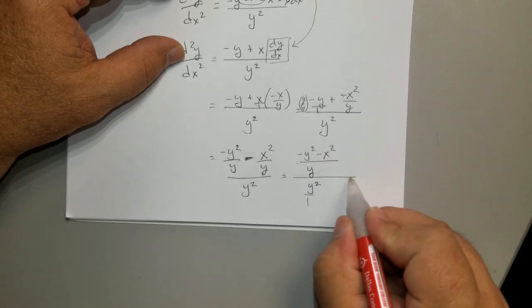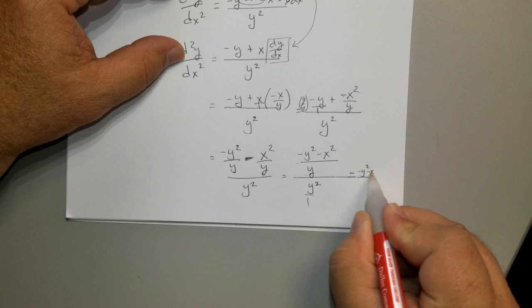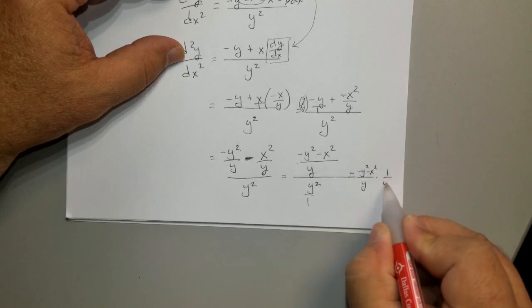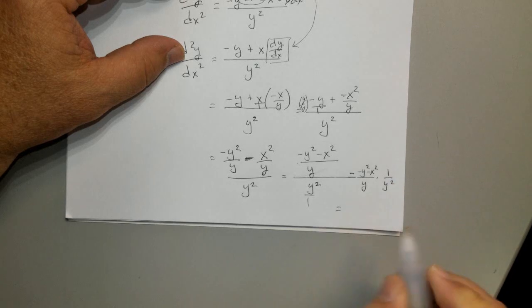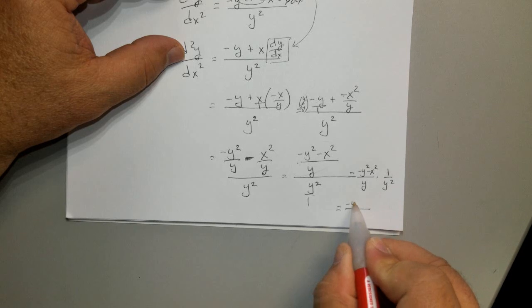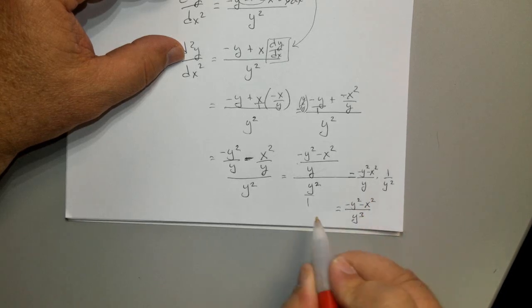The top fraction, leave it alone. Negative y squared minus x squared over y. Flip the bottom. So our second derivative is negative y squared minus x squared over y cubed.